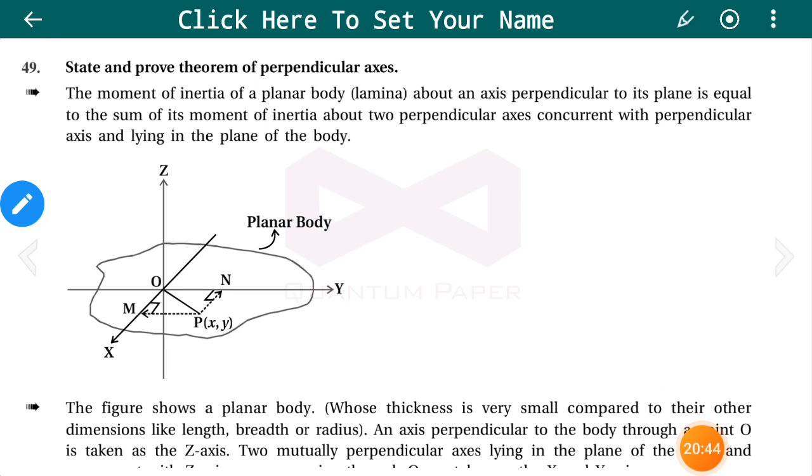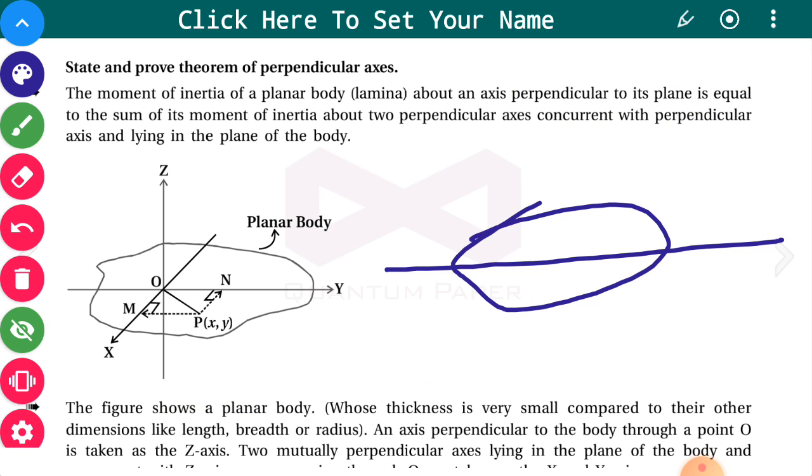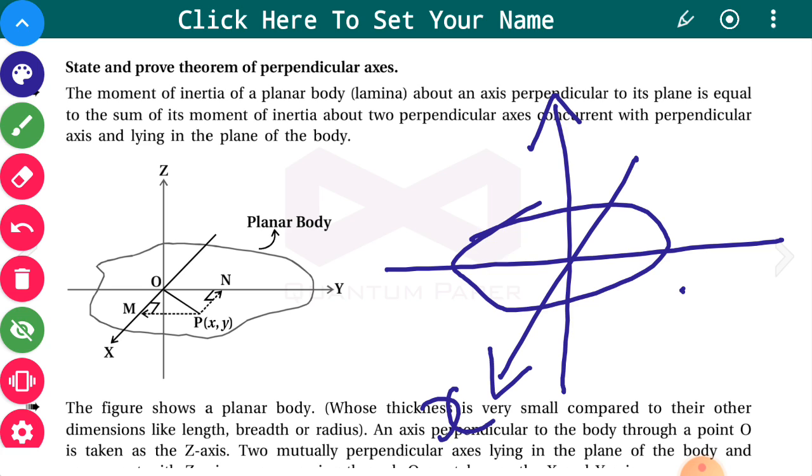Now, these are the different theorems. The theorem of perpendicular axis: the moment of inertia of a planar body. Try to understand with a coin. You have two axes in the plane of the coin and one perpendicular to the coin. Say this is your x axis, this is your y axis, and the third axis is perpendicular to the coin. Say this is a 1 rupee or 2 rupee coin, a planar body.